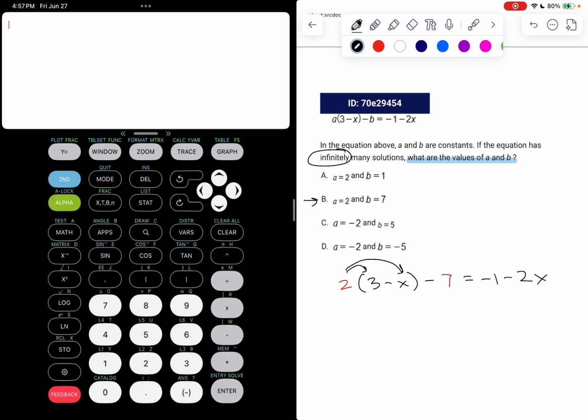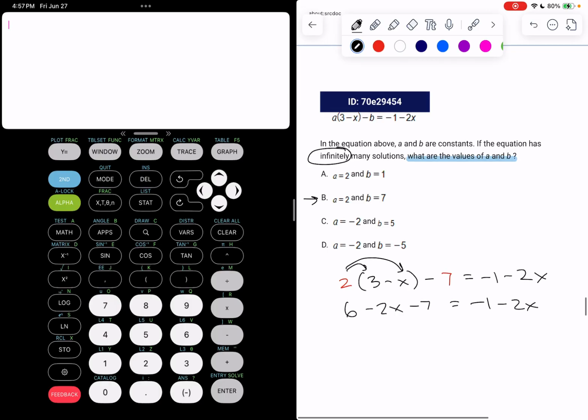We'll go ahead and distribute the 2. We'll get 6 minus 2x minus 7 equals -1 minus 2x. Let's simplify the left-hand side. 6 minus 7 is -1, so -1 minus 2x equals -1 minus 2x. Ooh, this looks like a good candidate for infinitely many solutions. We can prove that to ourselves by adding 2x to both sides and adding 1 to both sides.